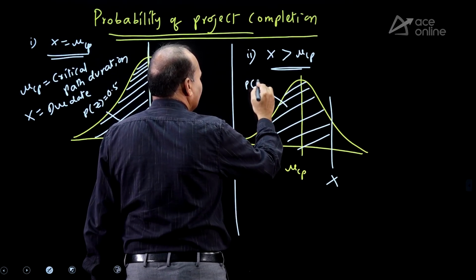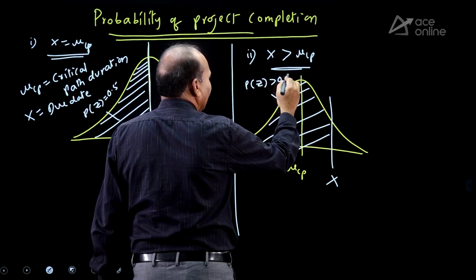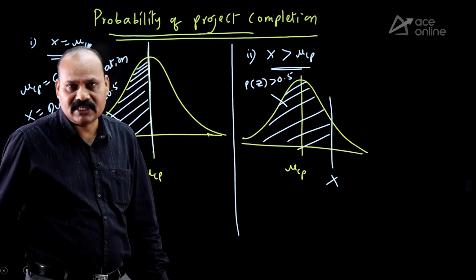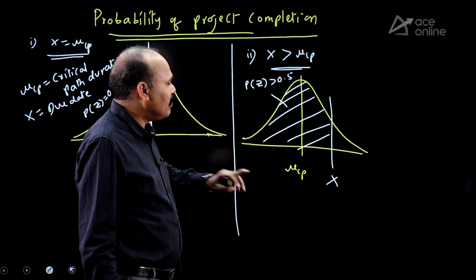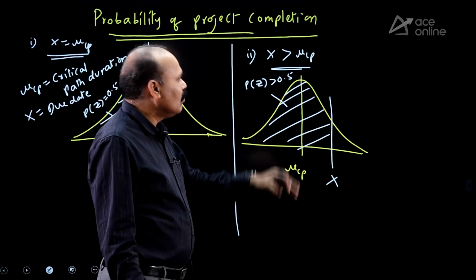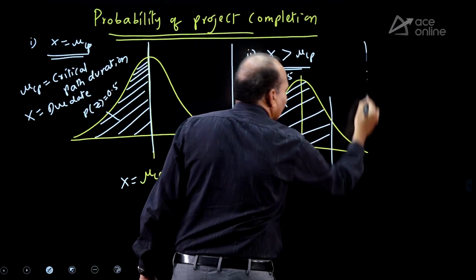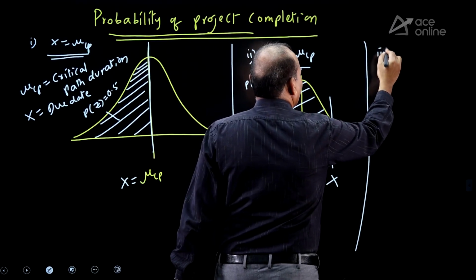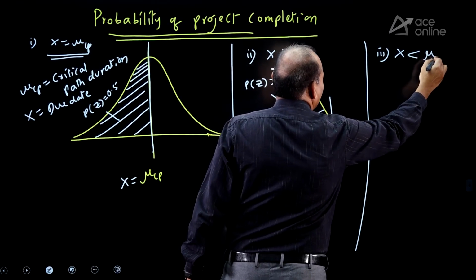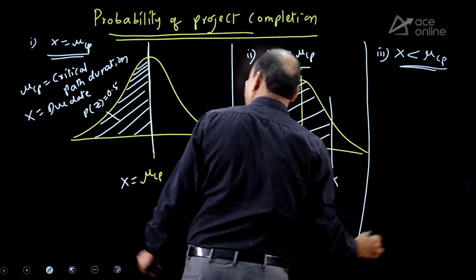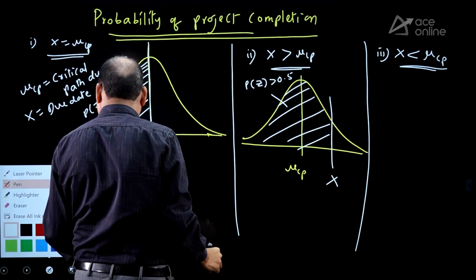So Pz is greater than 0.5, more than 50%, because mu itself is 50% and x is on the right side. More than the critical path duration means Pz is greater than 50%. Next case, x less than mu CP. Then how does it look?